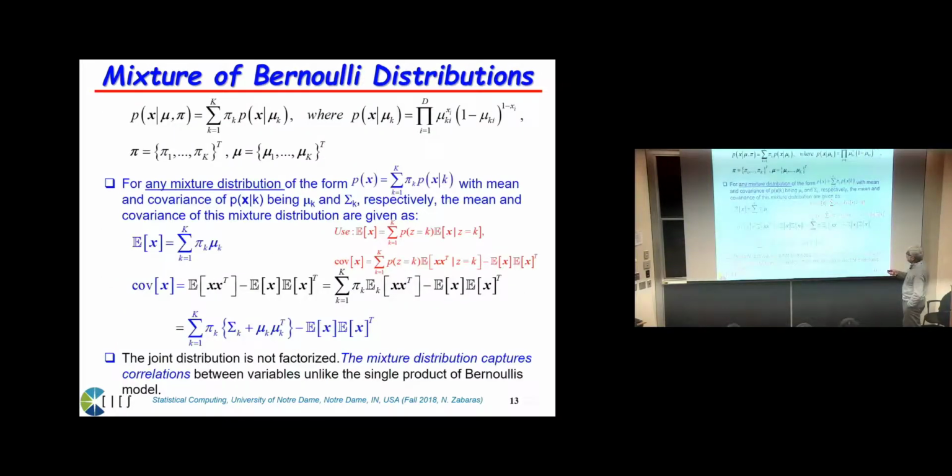So when you plug these things in, you get that the covariance of x is given by this very nice formula here. And because of these calculations and these vector products, you can see that suddenly you get correlations. So this is a very nice way to introduce correlations for these binary variables.